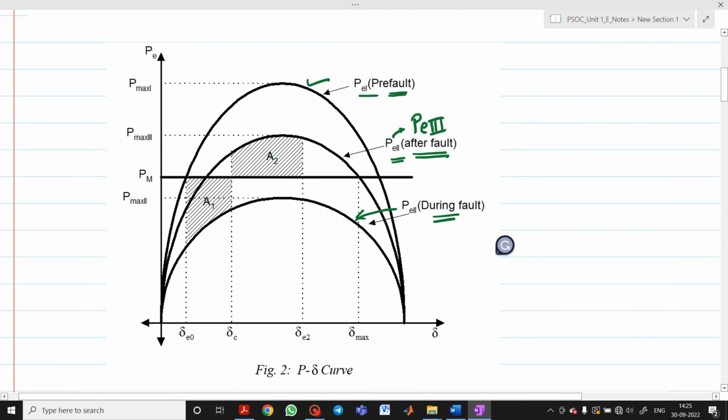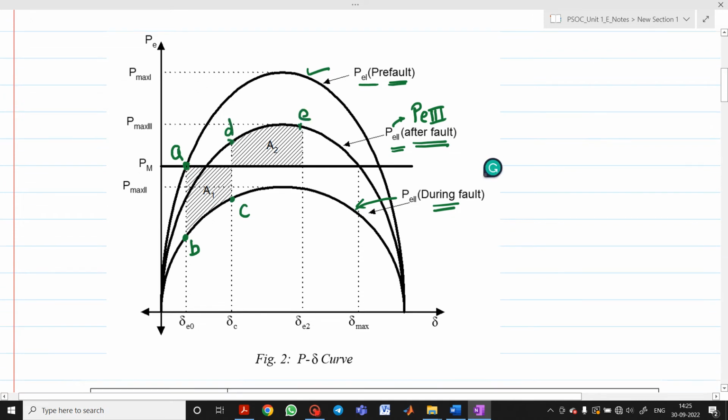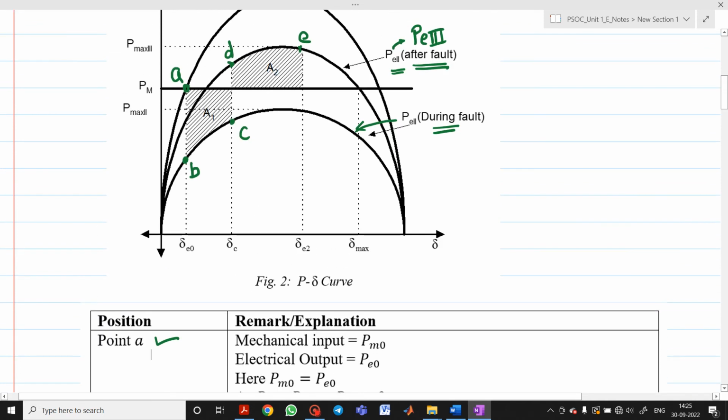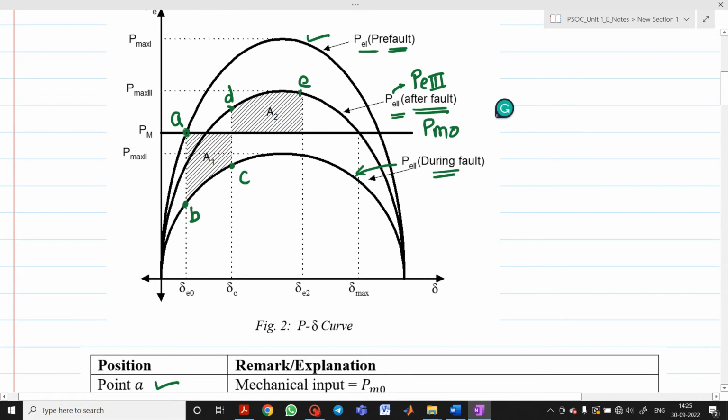So for that case I will give names: first is A, this will be B, this point will be C, here it will be D, here it will be E. Now what happens at point A? If you observe here at point A, this is the line PM, or you can say PM0 also. So PM0 will intersect this first curve.